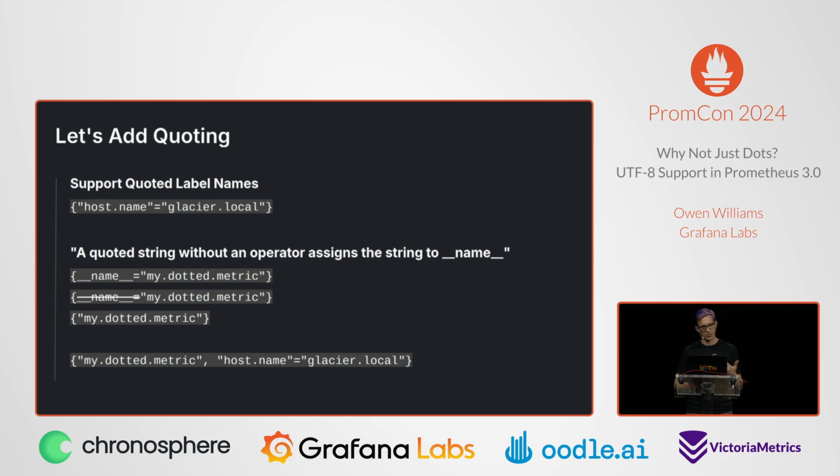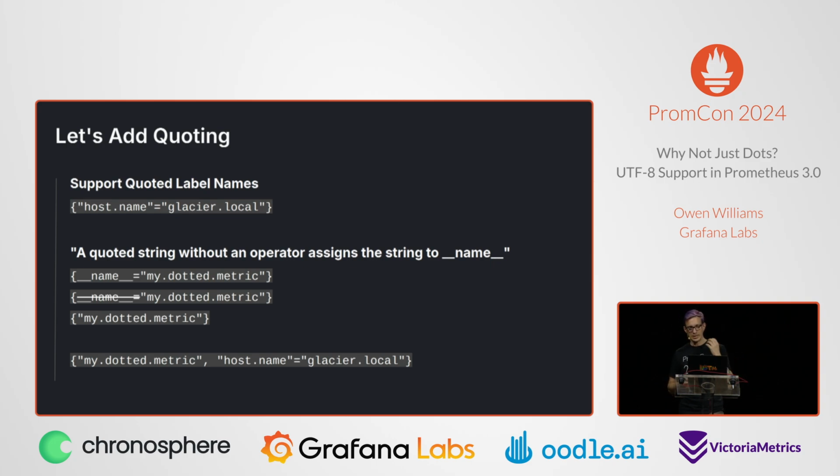So what did we actually do? We decided quoting label names is easy. We've already got quotes around label values, so we can add them around label names. That seems fairly straightforward. The fundamental insight for the metric names is that metric names are just a special case of a label value, where the label name is __name__.